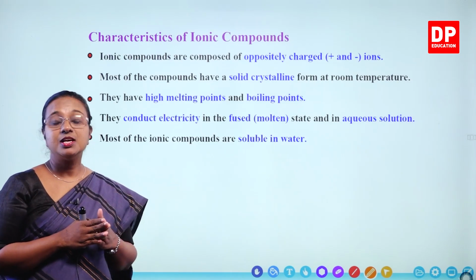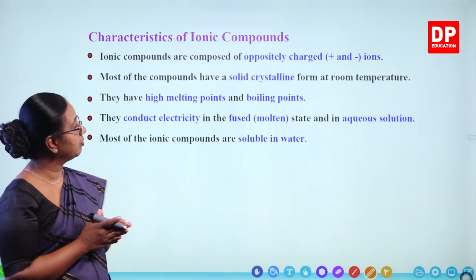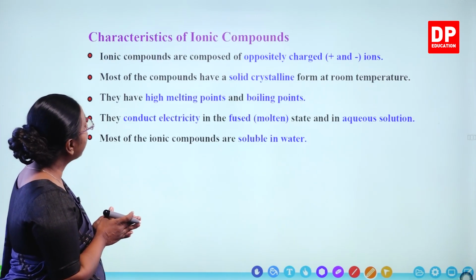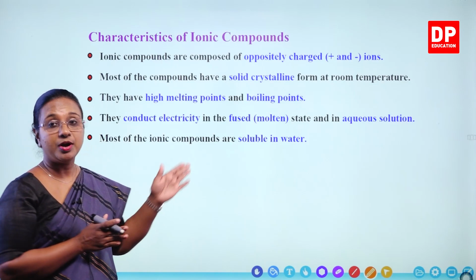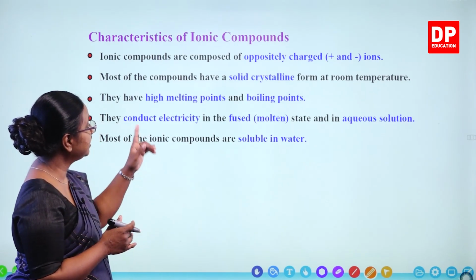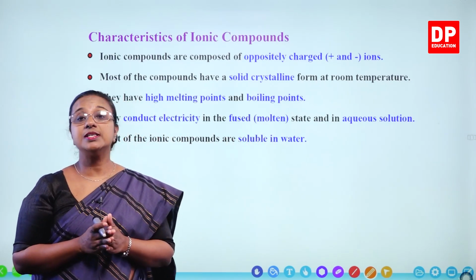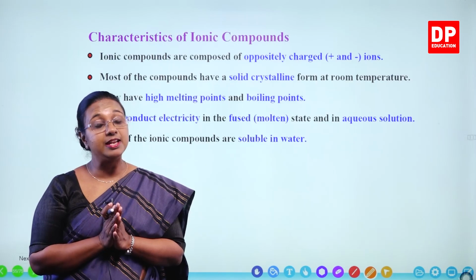We have discussed sodium chloride, that is a crystalline solid substance at room temperature. Then they have high melting points and boiling points, that also we have discussed. And they conduct electricity in the fused or molten state and in the aqueous solution. I told you all that before.